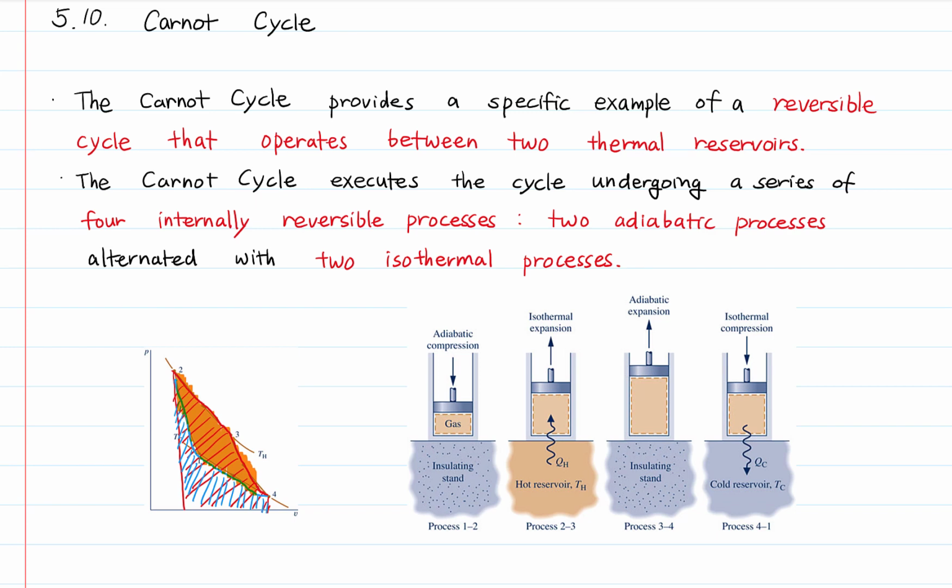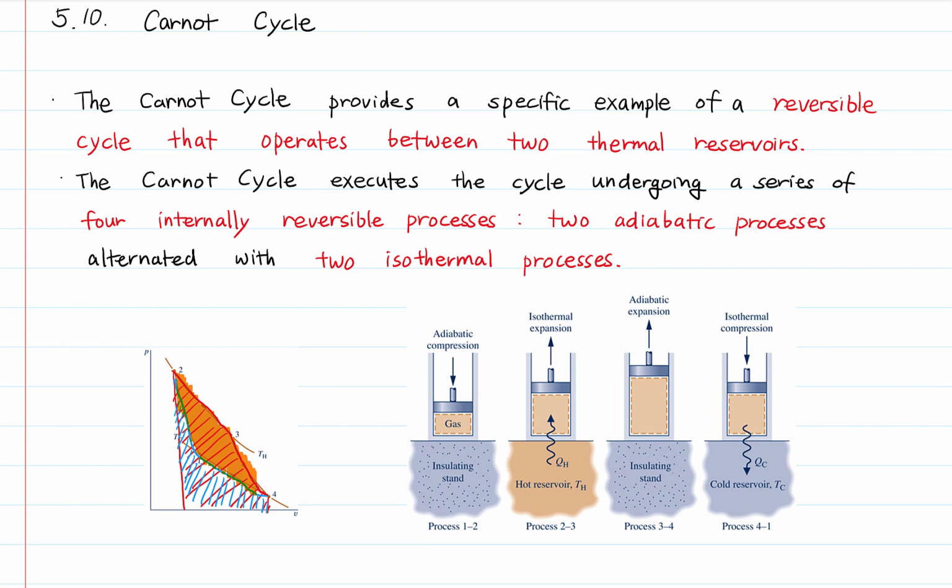There are assumptions for the processes in the Carnot cycle. First, there is no irreversibility present in the cycle. No mechanical friction. Heat transfer occurs across an infinitesimally small temperature difference, and heat transfer is a reversible process. The temperature of real systems experiences continuous change during the process, but what we assume in the Carnot cycle is quasi-equilibrium heat transfer.